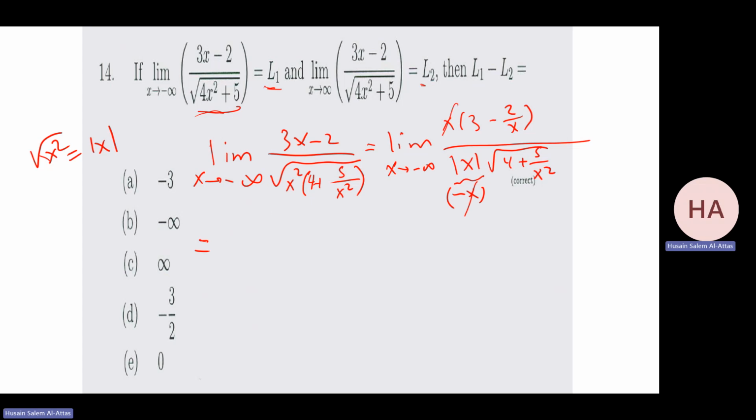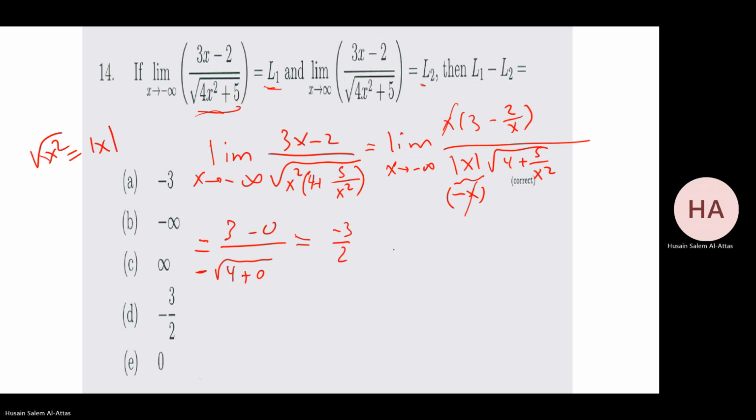I can do it right away. That will be 3 minus 0 over the square root with a minus sign, 4 plus 0. Okay, so that is correct. I have 3 minus 0 over the square root of 4 minus 0, which is minus 3 over 2.